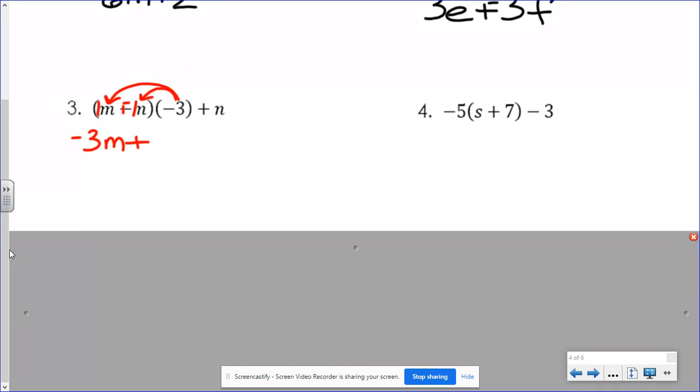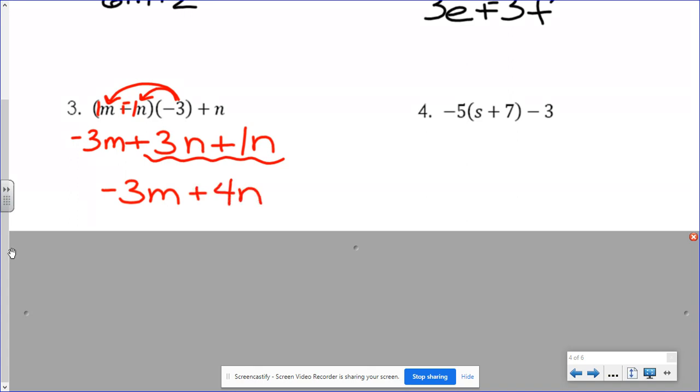Negative 3 times a negative 1n is a positive 3n. And then I have this other n, and remember, anytime there's no number, I'm sneaking a 1 in there. These match. So I've got negative 3m. 3n plus 1n is going to be 4n.